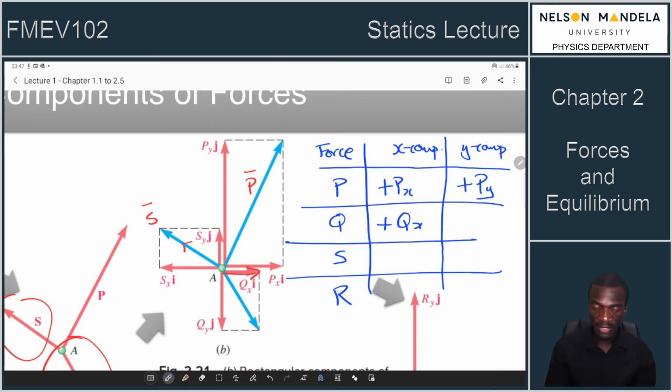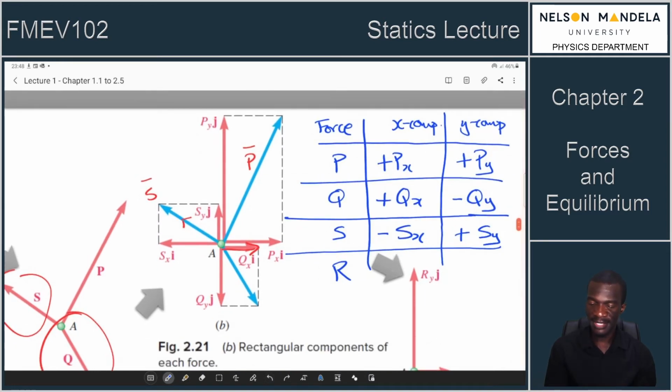My Y component of Q is pointing in the negative Y direction. How about my S force? My S force has a negative in the X direction and then a positive in the Y direction. These are just numbers, they're magnitudes. The directions you are deciding as you see the diagram.